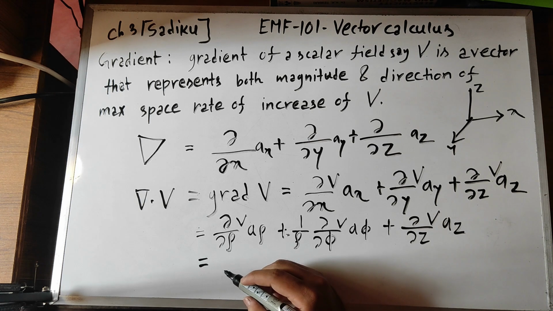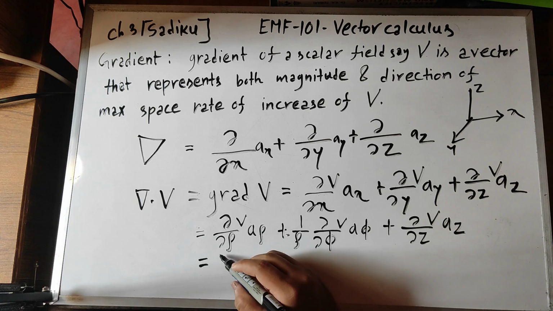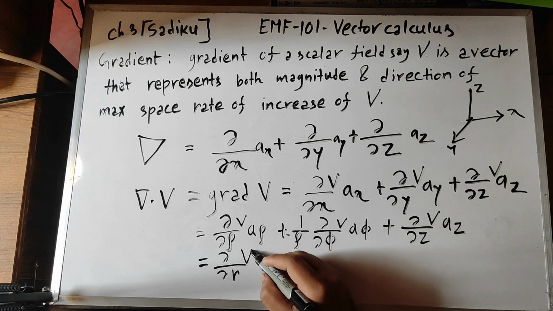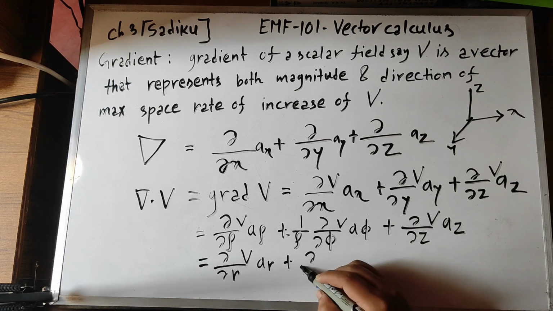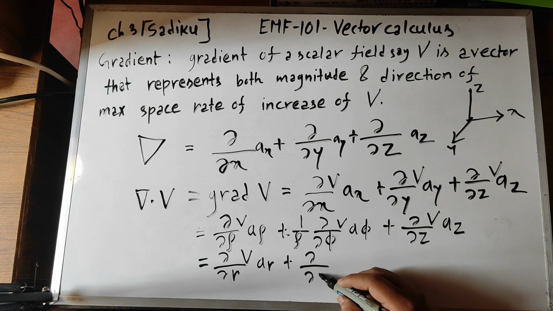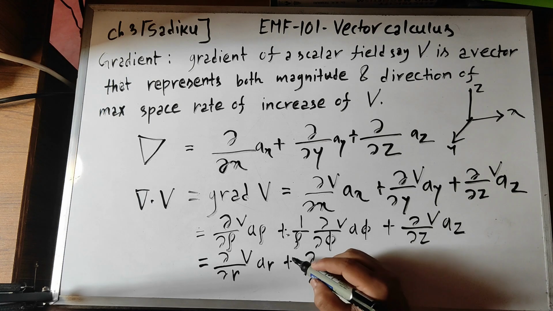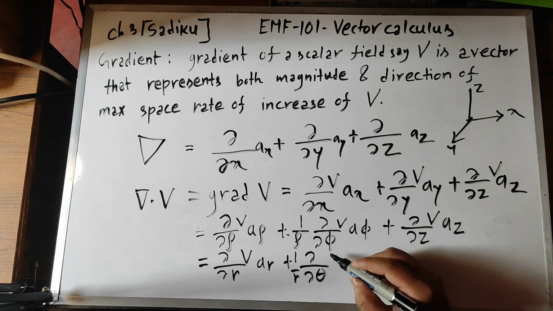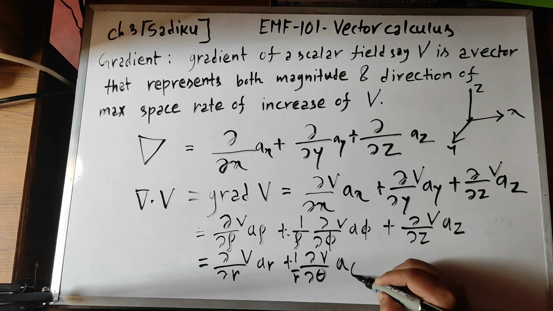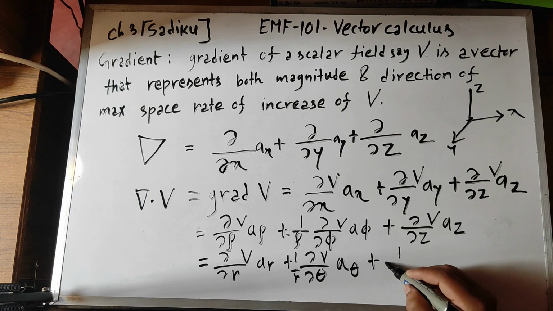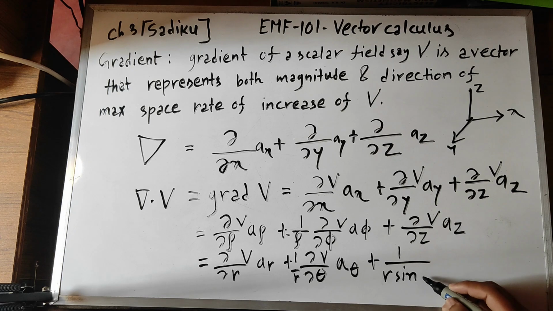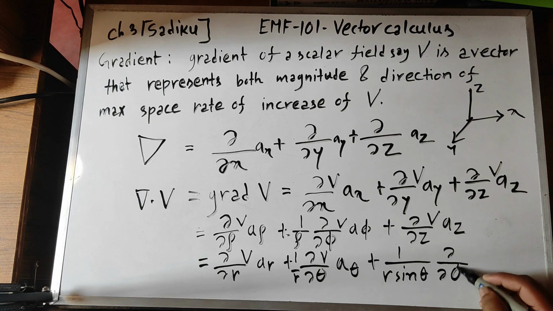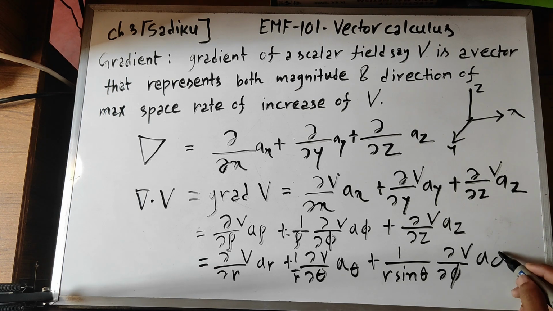And in the spherical coordinate system it will be partial differentiation with respect to r of V in the direction a_r, plus 1 by r, partial differentiation with respect to theta of the scalar in the direction a_theta, plus 1 by r sine theta, partial differentiation with respect to phi of the scalar in the direction a_phi.